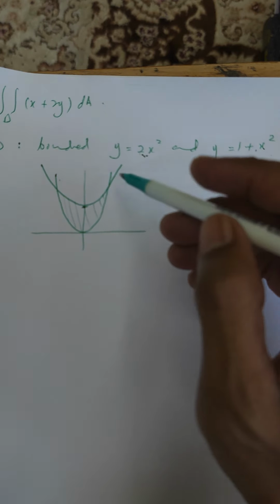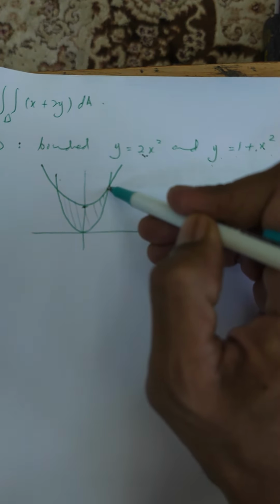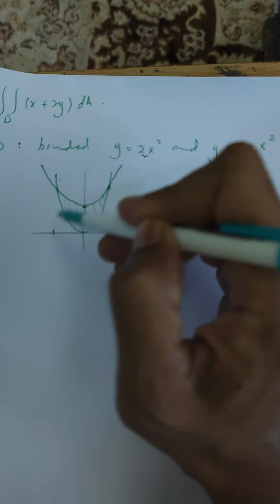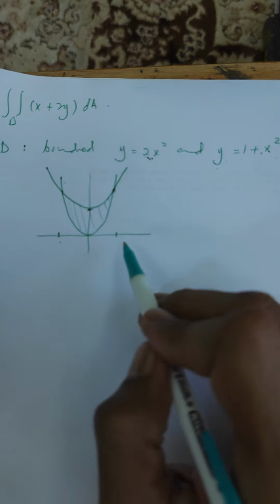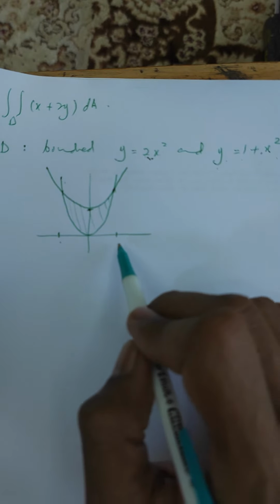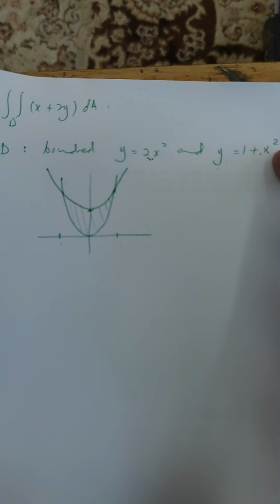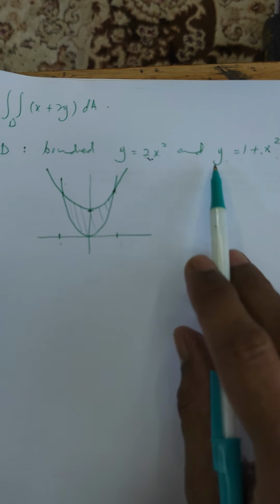Then you need to find x from what point to what point. To do that, of course, you need to solve these two equations to find the points of intersection. Solving those is not difficult.